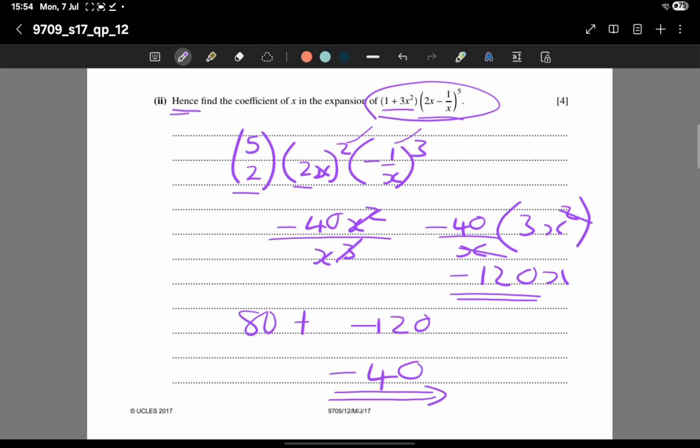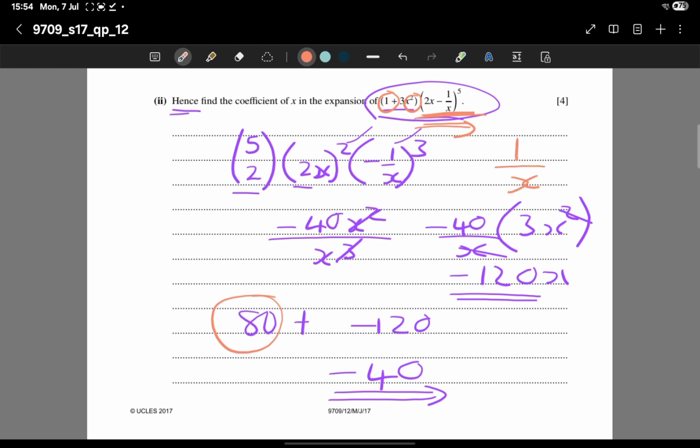What we did is we know that this one right here is going to multiply a term in x for this one, which is why we took 80, and this 3x squared is going to multiply a term in this part of the expression here, which is 1 over x.